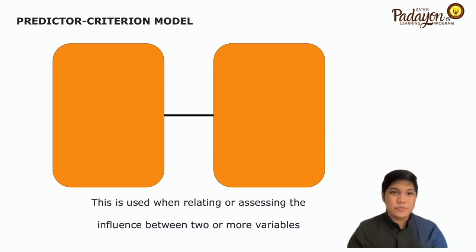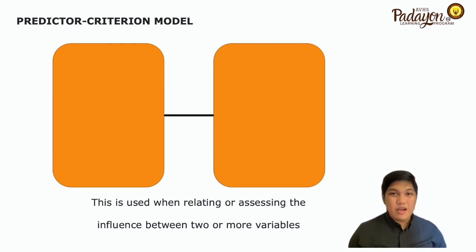On the other hand, in the predictor criterion model, what you see on the screen is a solid line that connects your predictor variable and your criterion variable. So the moment you have two variables that do not depend on each other and you're just looking for the relationship of these two variables, then you just simply use the block solid line.